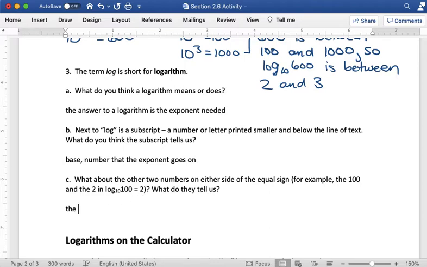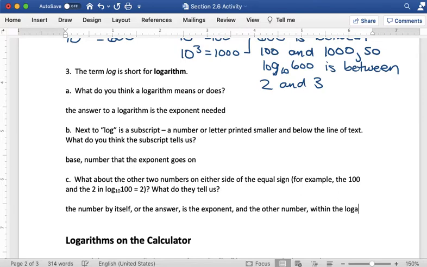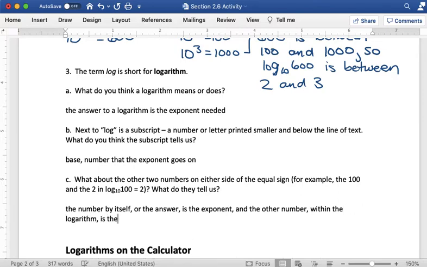So the number by itself, or the answer, is the exponent, and the other number within the logarithm is the answer when it is written in exponential form.